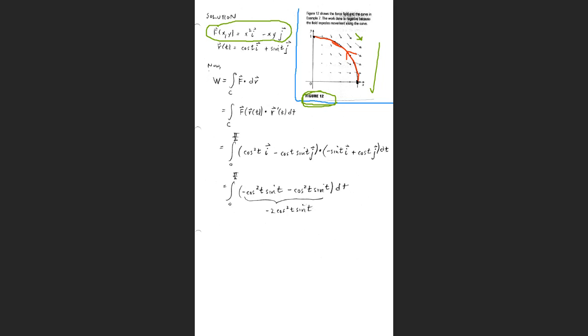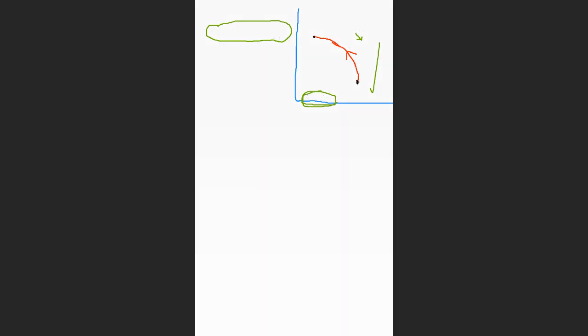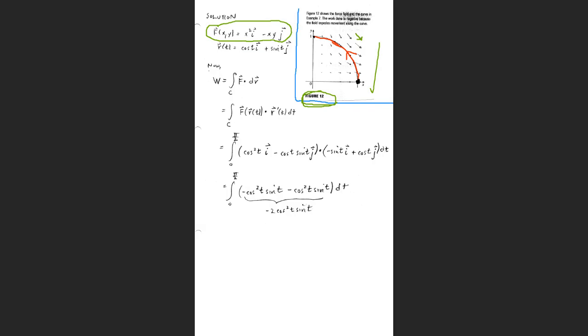And based on the force field vectors, those black vectors in figure 12, and based on the space curve C, do you think the vector field is helping the particle move from the point (1, 0), the beginning point here, to the ending point (0, 1)?